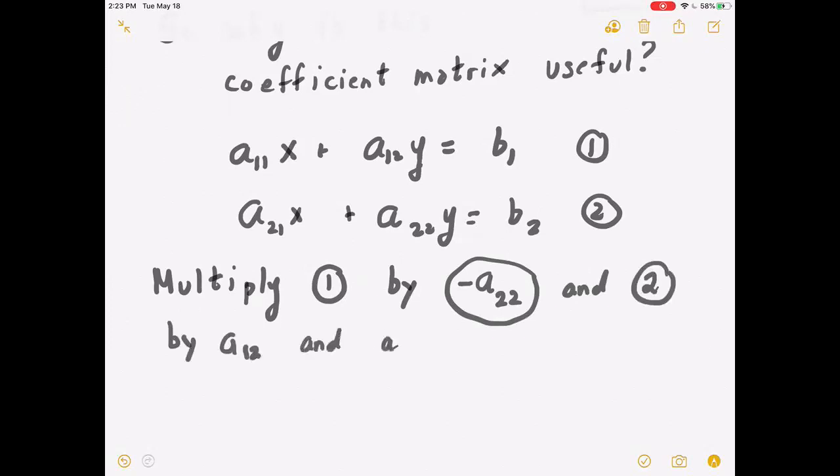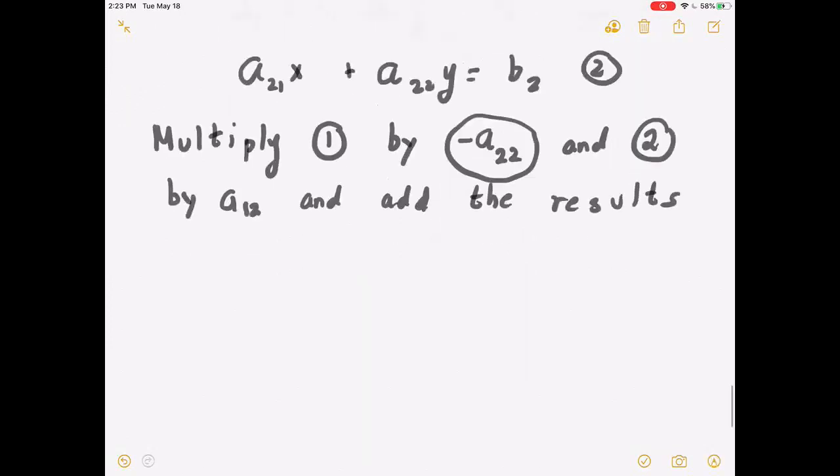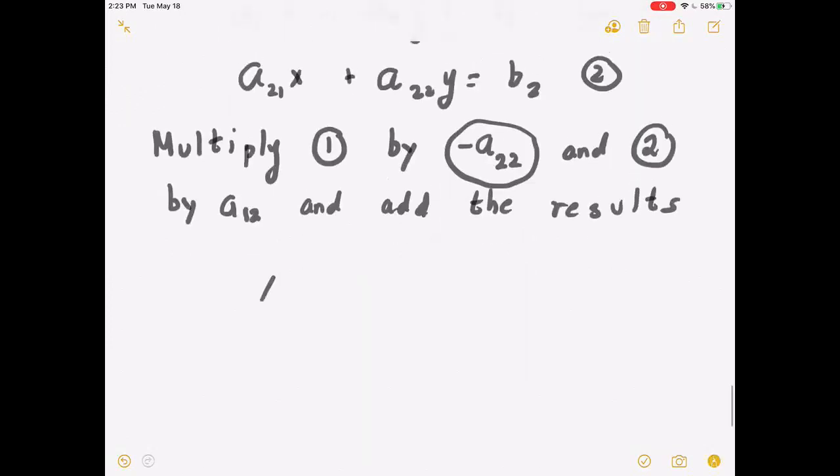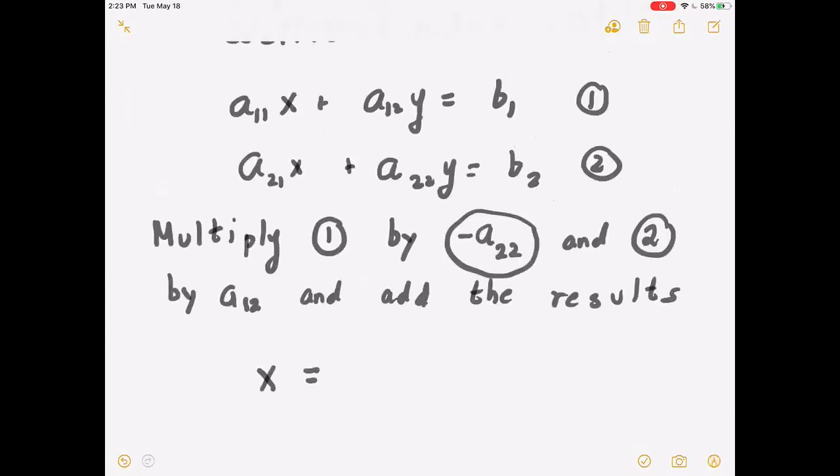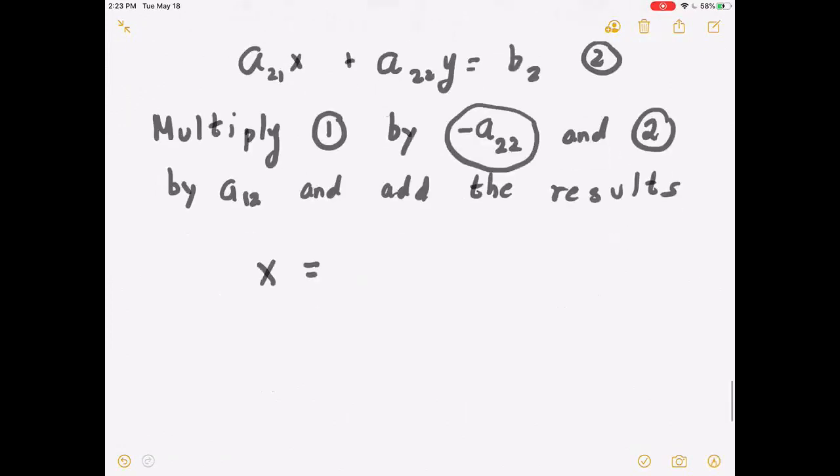And add the results. And this is something you should be able to do. You will find that that process will eliminate the y's, and you'll be able to get an exact solution for x.